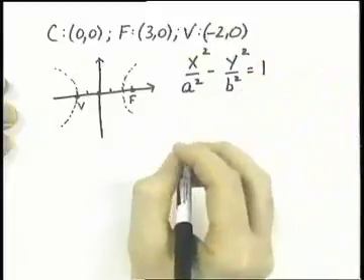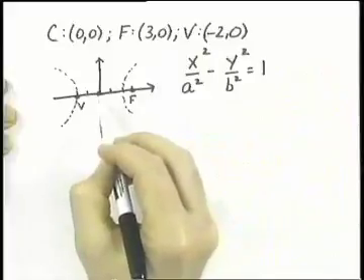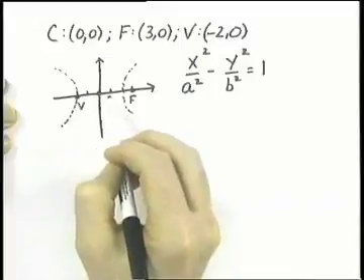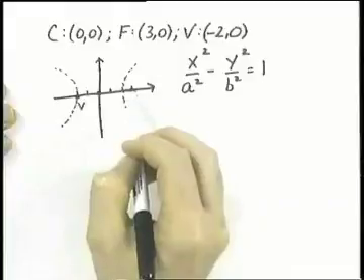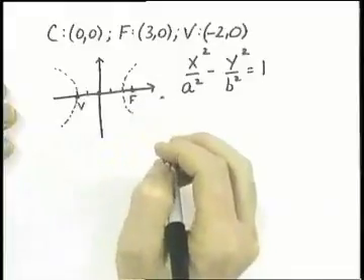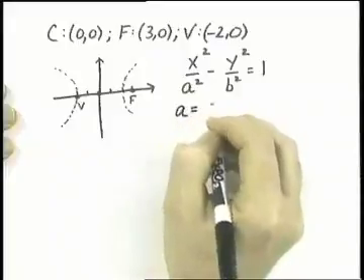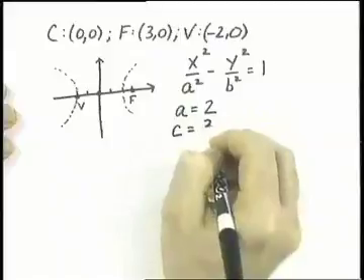A is the distance from the center of the hyperbola to one of the vertices. C is the distance from the center of the hyperbola to one of the foci. Based on that, we can see that the value of A is 2 and the value of C is 3.